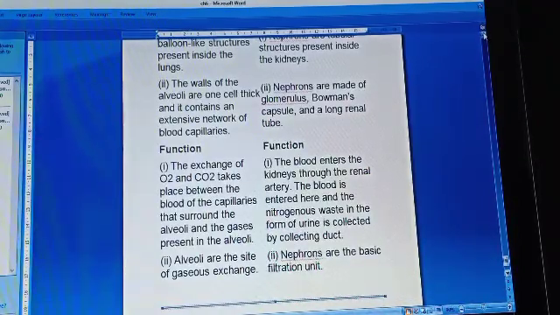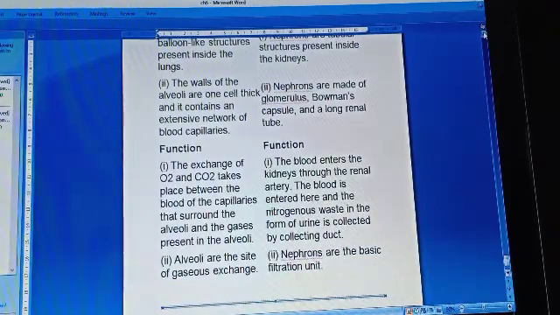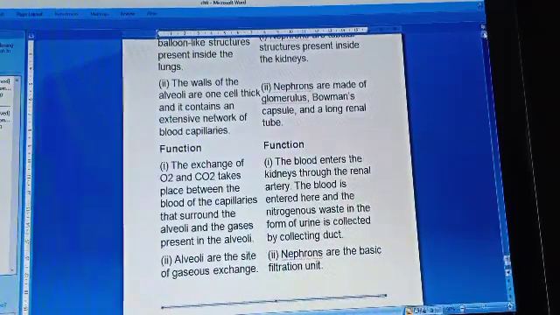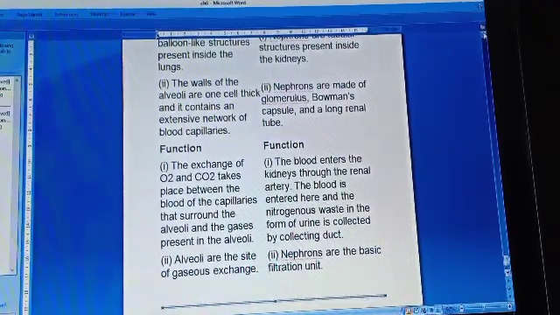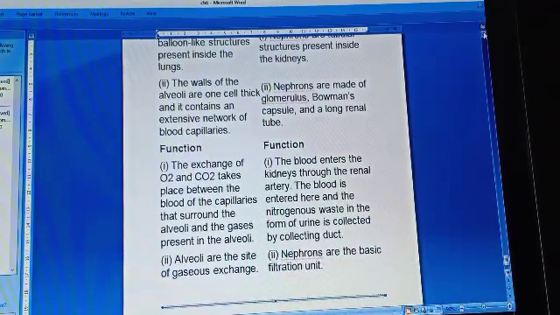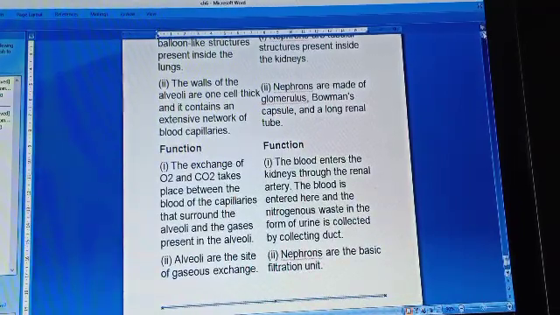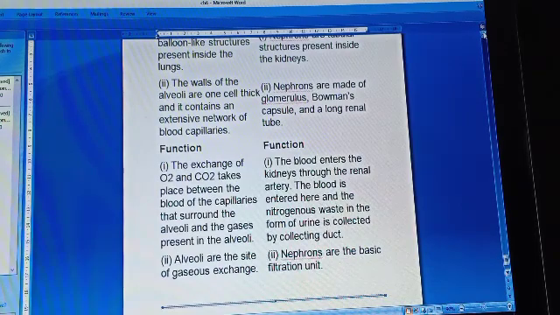Whereas in the nephron, the blood enters the kidney through the renal arteries, and whatever waste is generated, like nitrogenous waste, is collected in the form of urine in the collecting duct. Here you can also write the ultrafiltration process which occurs in the Bowman's capsule.